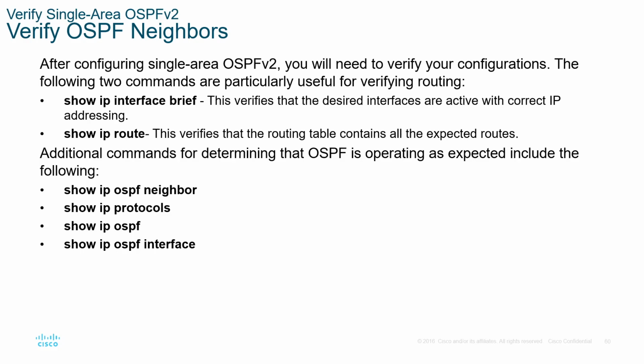If you have created the OSPF process ID, if you have the networks being advertised, if you have the passive interfaces. You have the show IP OSPF, which is going to show you the reference bandwidth. And you also have the show IP OSPF interface to verify the interfaces running OSPF and the area that they participate in.